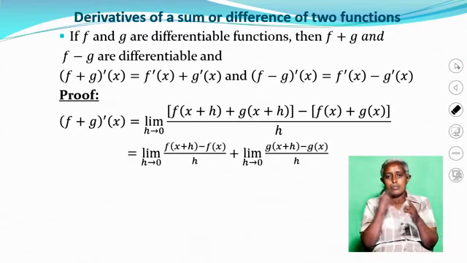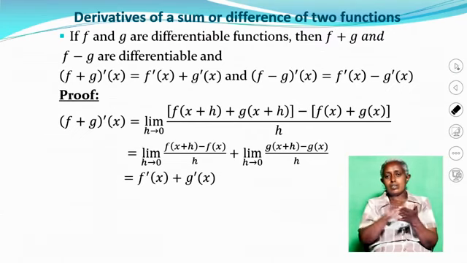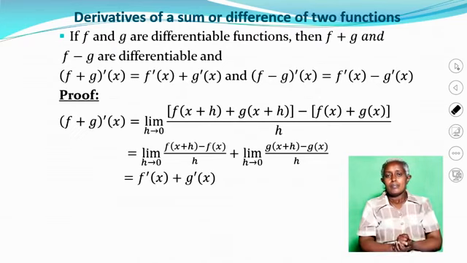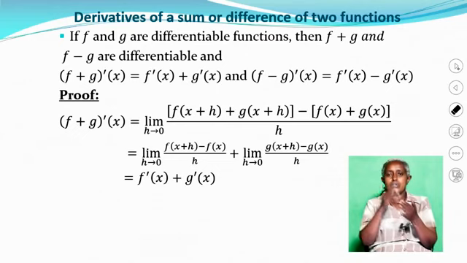From this I can write this expression in this form: the limit of f of x plus h minus f of x over h, plus the limit of g of x plus h minus g of x over h. The limit of f of x plus h minus f of x over h, where h goes to 0, is the derivative of f at x.